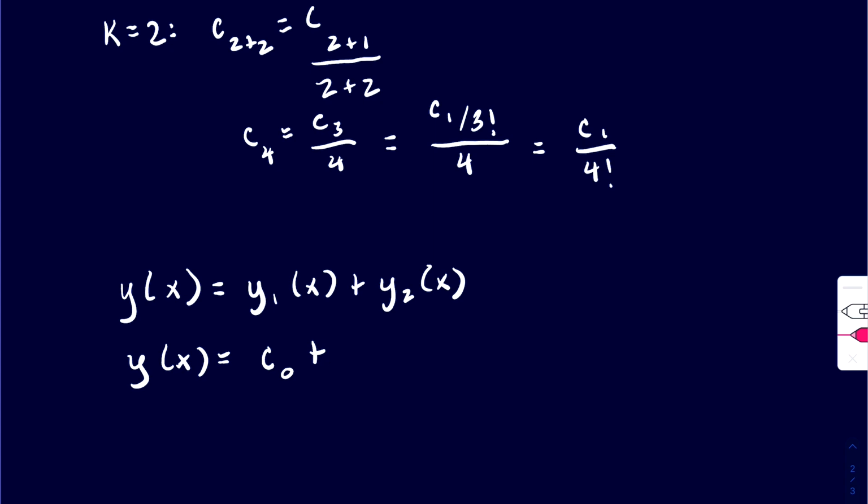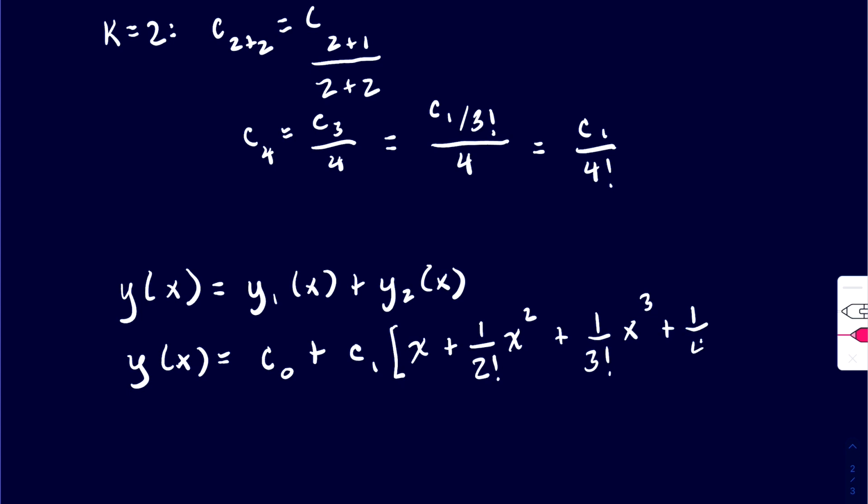So y2 at x is going to be c1 times x plus 1 over 2 factorial times x squared plus 1 over 3 factorial x cubed plus 1 over 4 factorial x to the 4th plus dot dot dot.